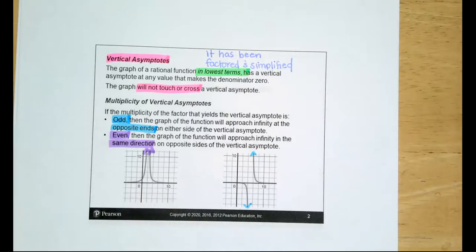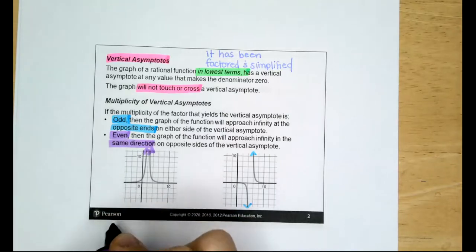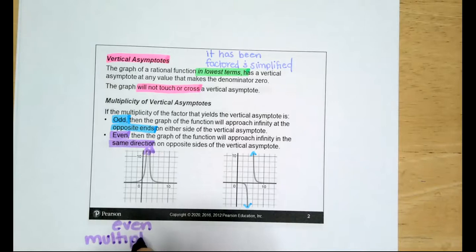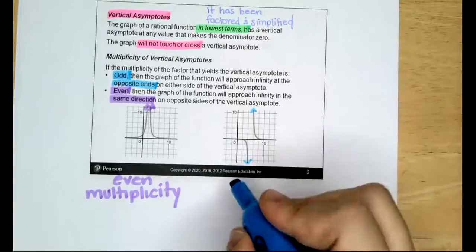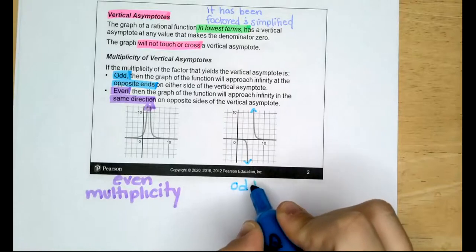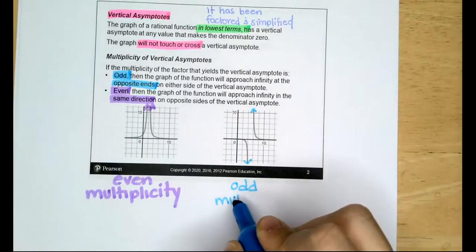So we say that they have even multiplicity. Here, they are non-continuous and they are both headed toward infinity, but one is toward positive infinity and one is toward negative infinity. So we call that an odd multiplicity.